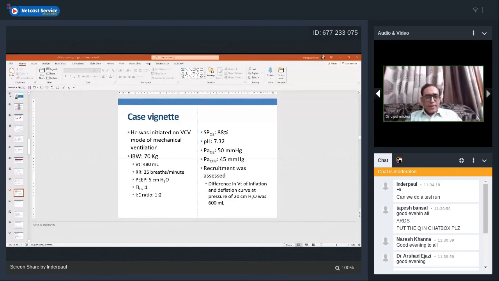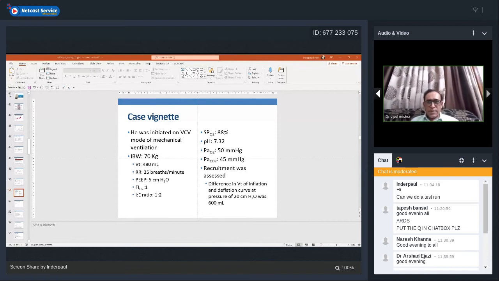Yes, so I'm glad that Dr. Inderpaul, in the end, did show the study which showed harm, although with criticism, about recruitment maneuvers. So the question is, what should be the take-home message, and what is coming in the guidelines? There was a lot of enthusiasm about opening up the lung and keeping it open as part of the open lung strategy.